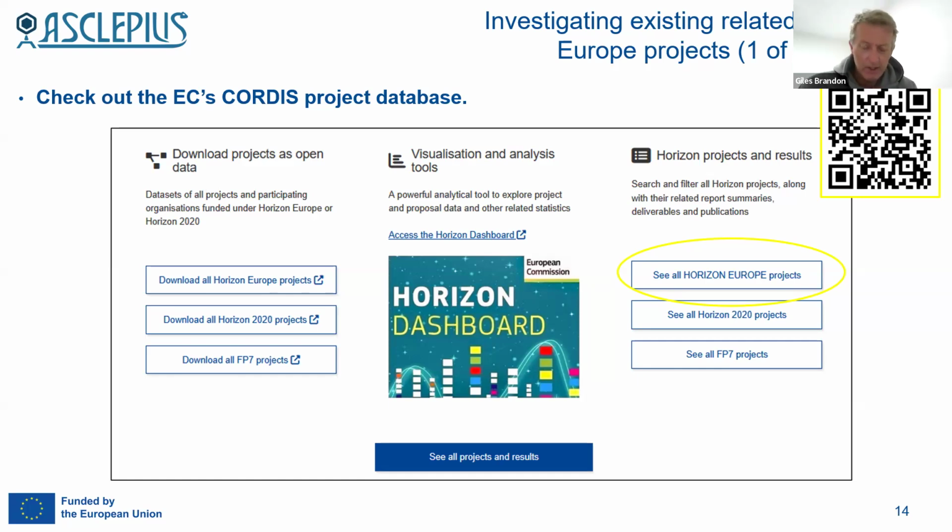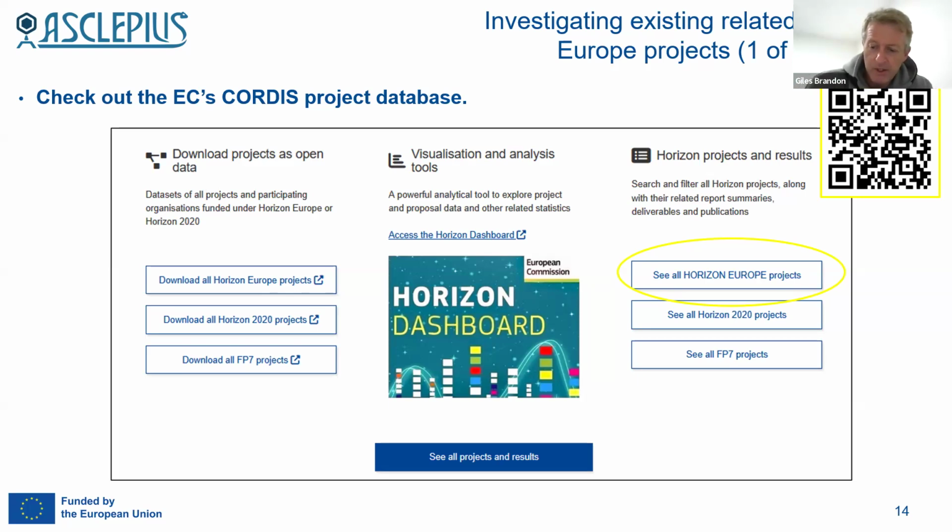It's a long web page. You need to scroll down right near to the bottom. Assuming you do that, you'll see these buttons on the right, and the one I've circled in yellow, I clicked on that: see all Horizon Europe projects.